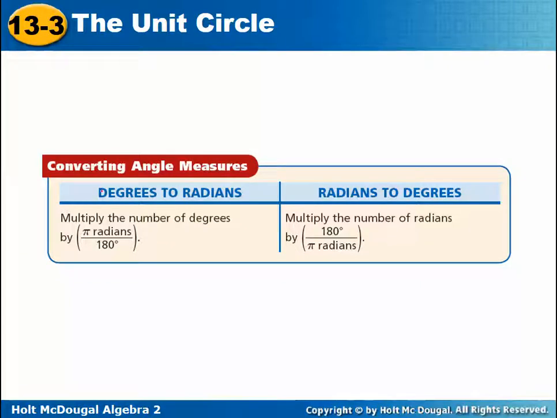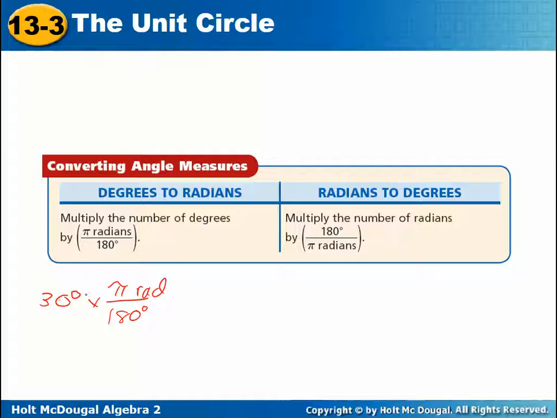Here's the key. If you are asked to go from degrees to radians, like 30 degrees to radians, you want to multiply by this unit of measure that has 180 on the bottom so that your degrees cancels with degrees. And this would be pi radians then. So it's pi over 180 or 180 over pi, depending on if you're moving from radians to degrees or degrees to radians.